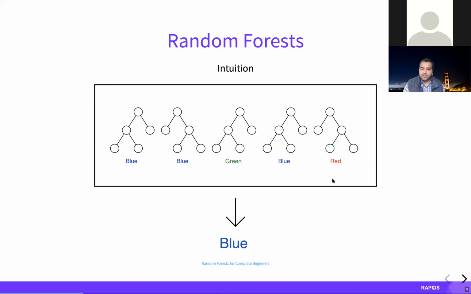So in the end, all you need to do is take a vote, and blue wins. That's the basic idea behind random forest: you have these randomized decision trees, each of them makes a decision on an unknown sample, and then they take a vote on what the unknown sample represents.